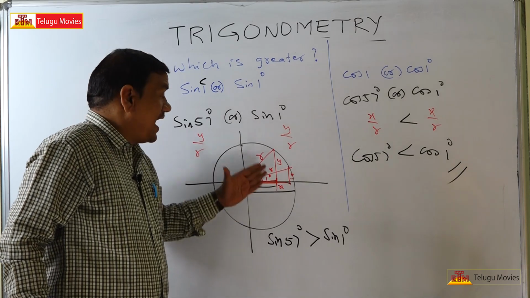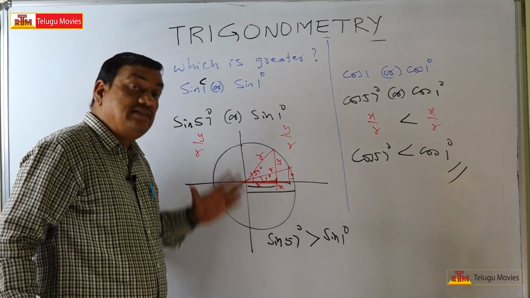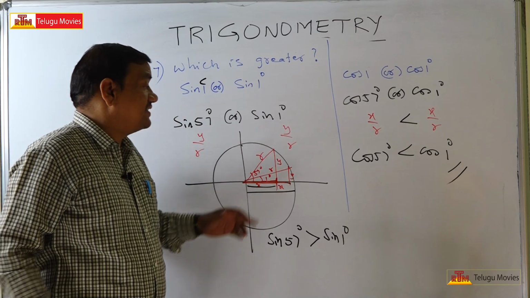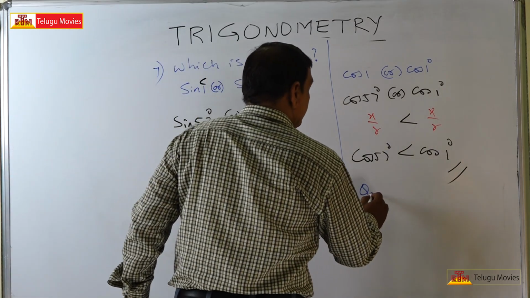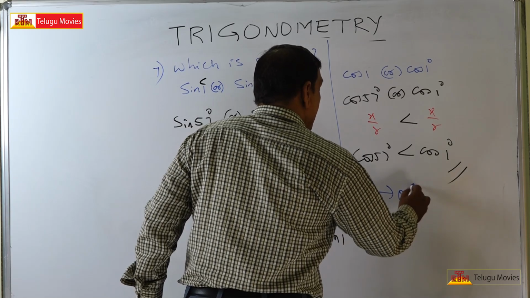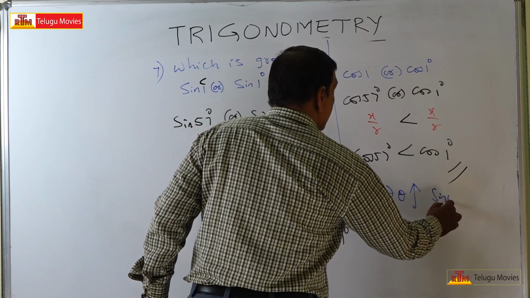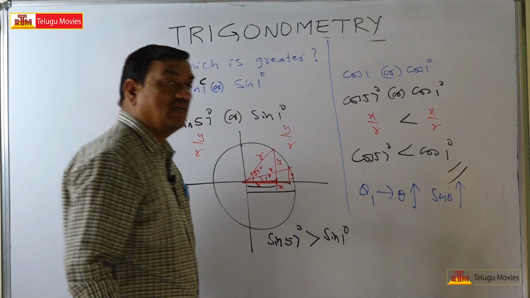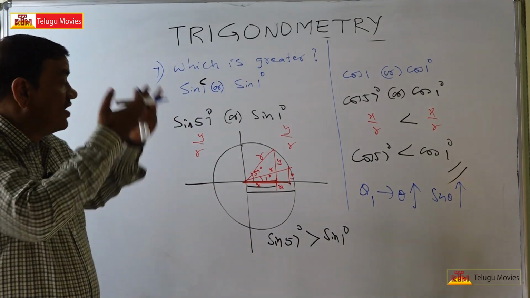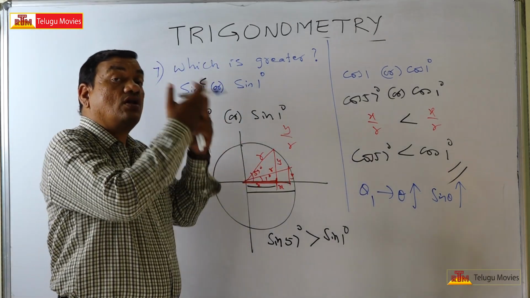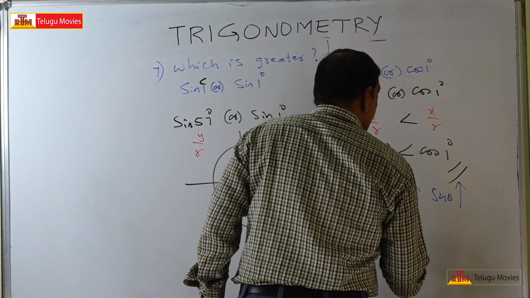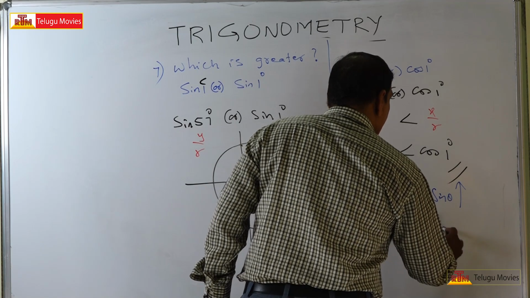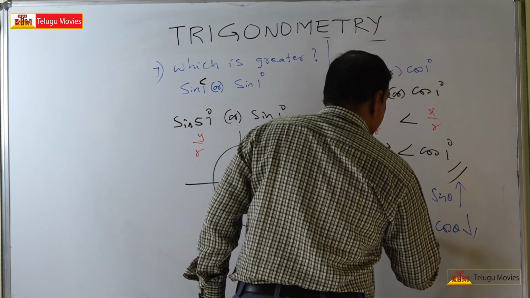Okay? So from this, what can you say? As theta in the first quadrant Q1 increases, sin theta also increases. Why? The y value also increases. As theta increases, cos theta decreases.